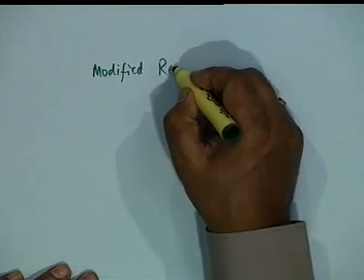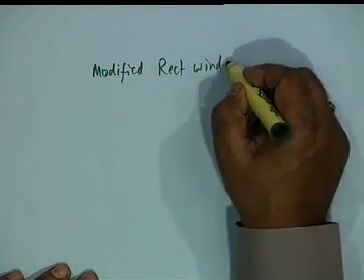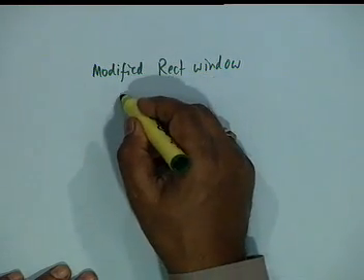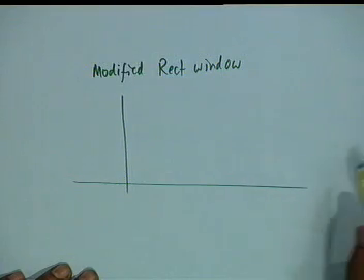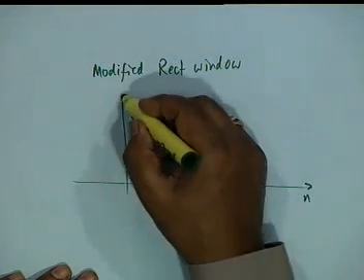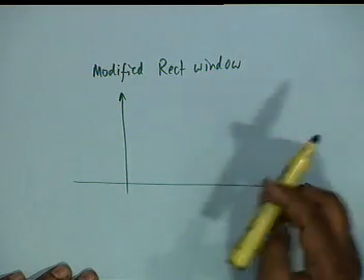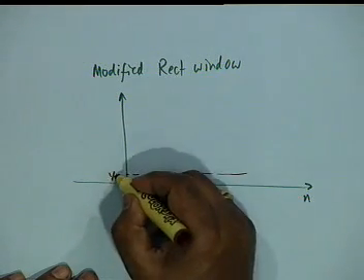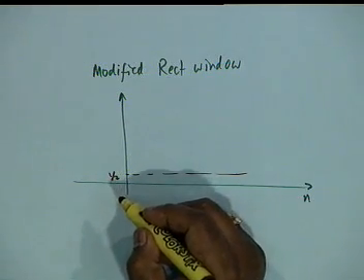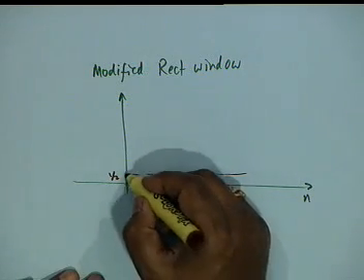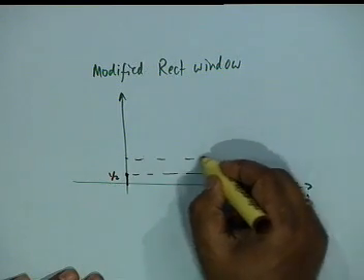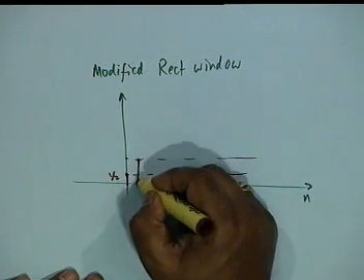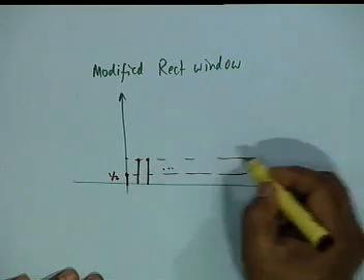One of them is the modified rectangular window, which says that instead of starting from 1, why don't we start from half? It is an attempt to taper the window. We start from half, then all other values are 1 and so on.